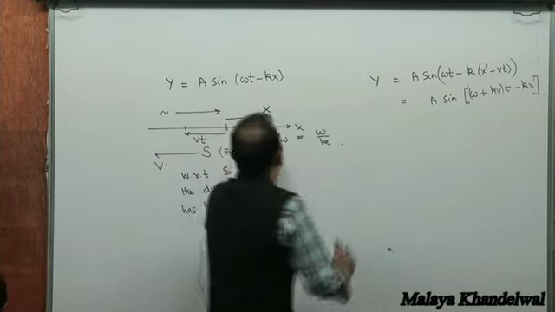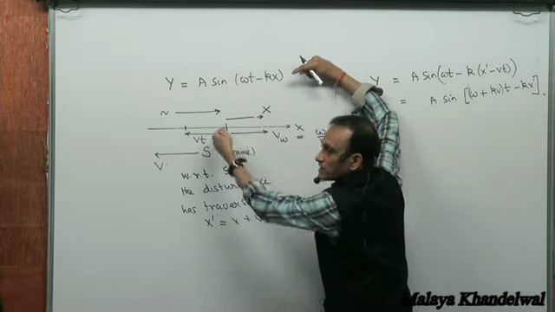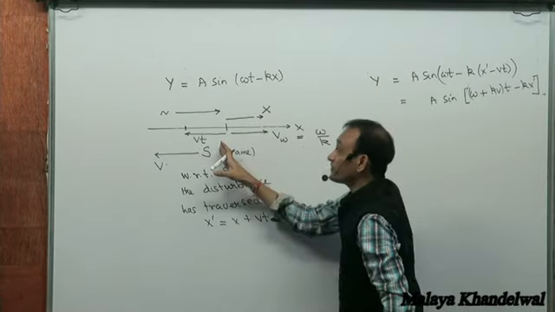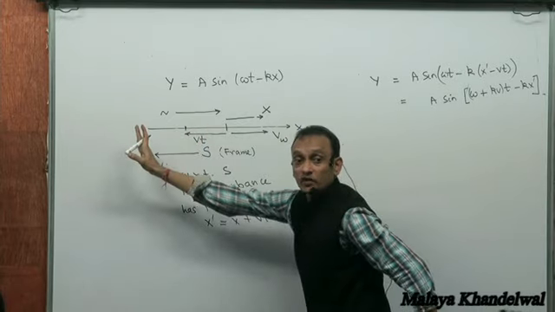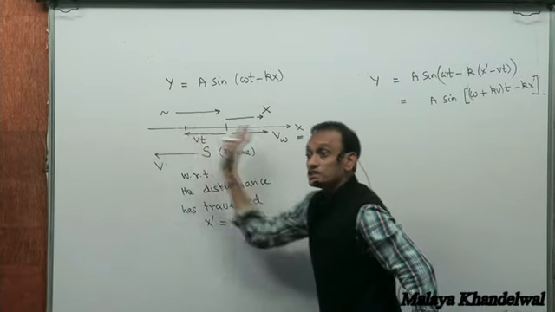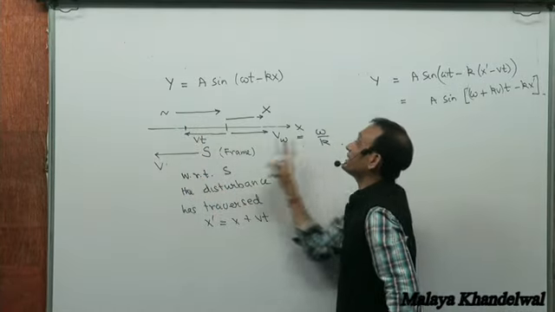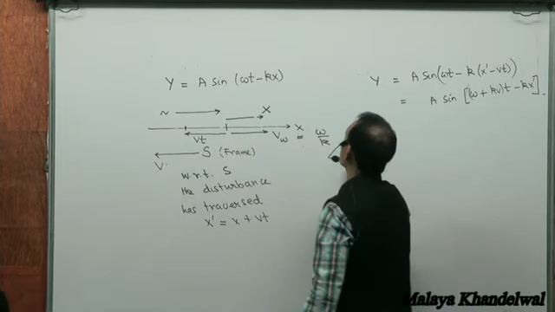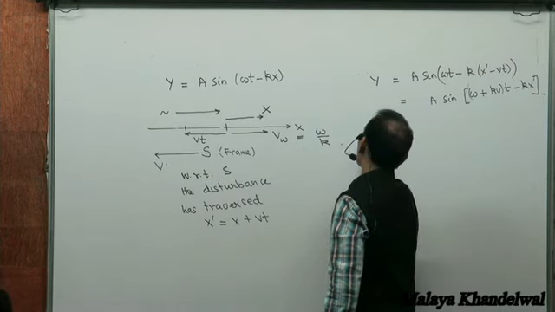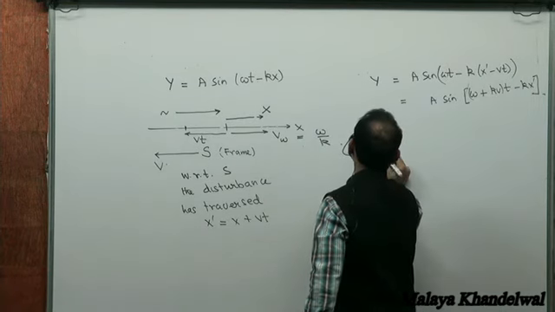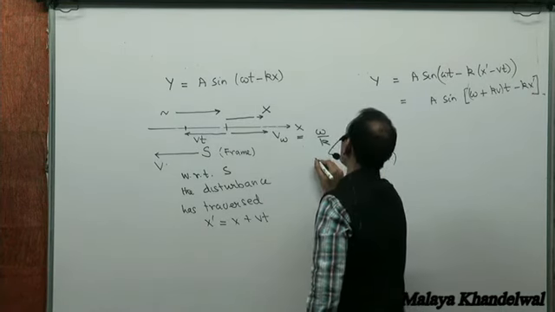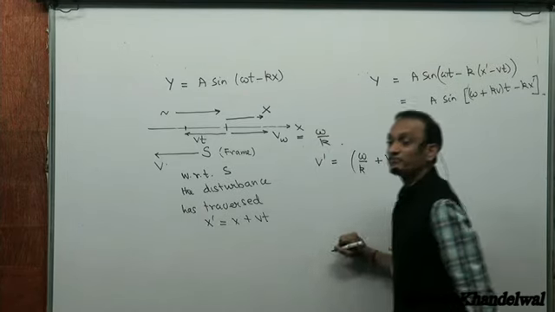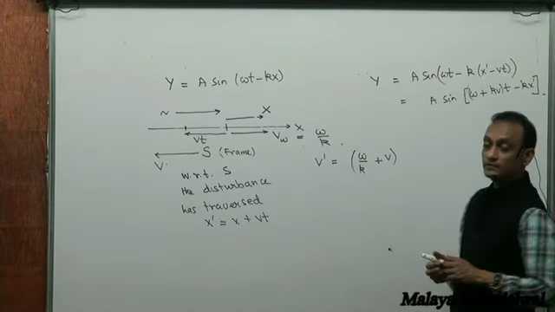See, the wave velocity is ω by k in the stationary medium, but this frame is moving at a velocity v to the left. So this frame will observe ω by k plus v as the wave velocity. So in the frame of reference attached to S, it's ω by k plus v. ω by k plus v is the wave velocity v prime in the frame of reference attached to S.